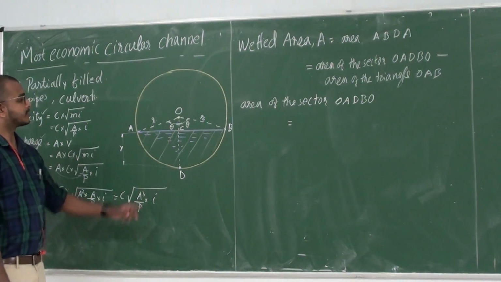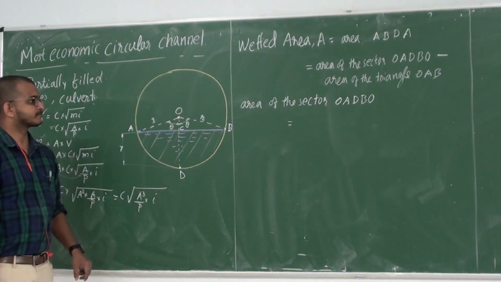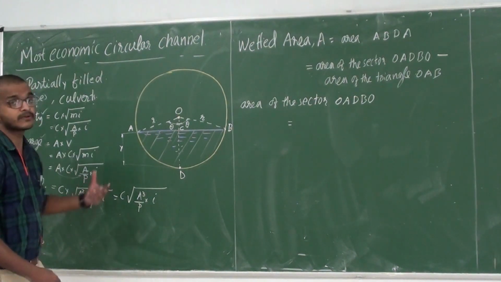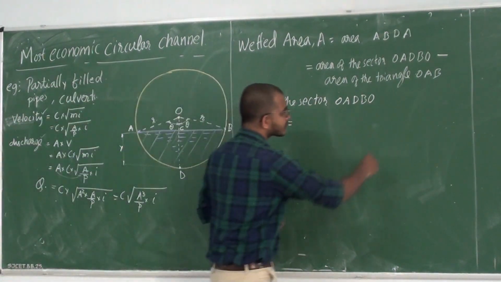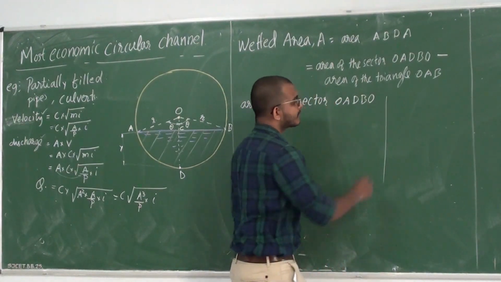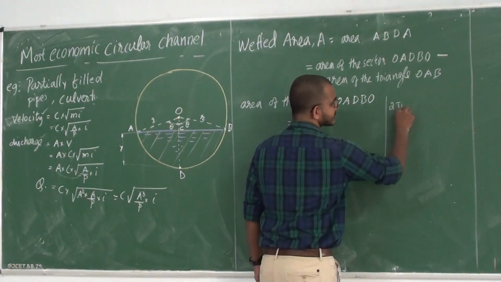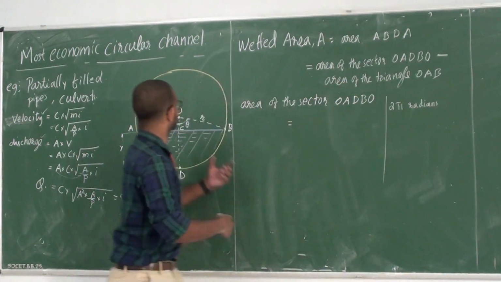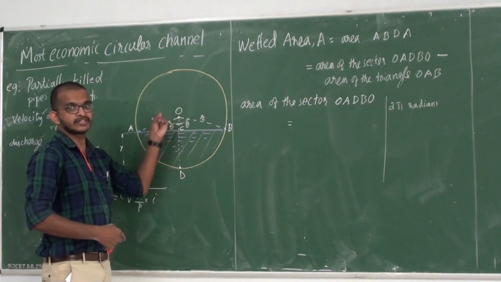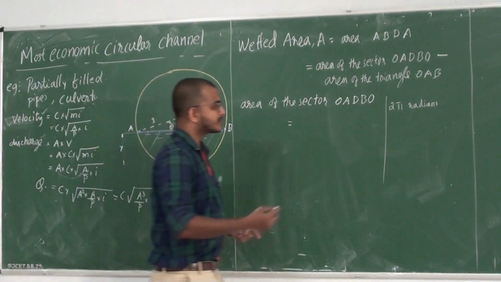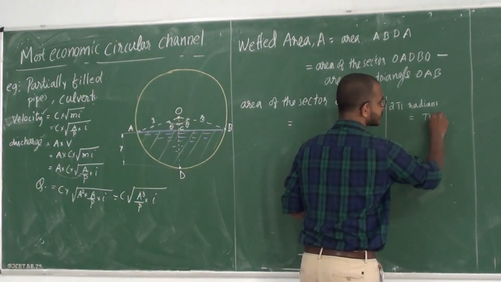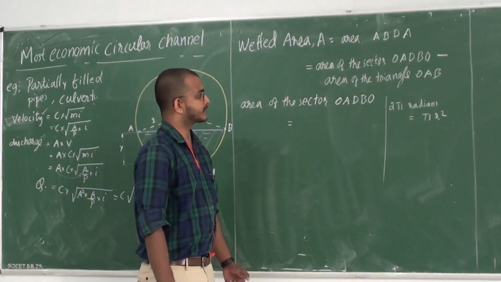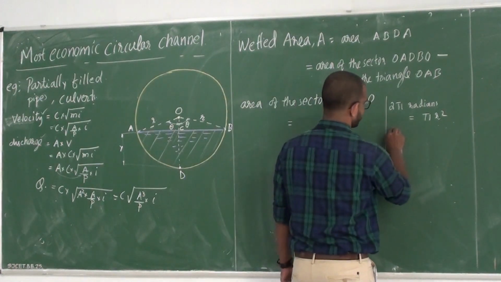We know that the angle of the sector is 2 theta. Now how can we find out the area of the sector? By a simple method. We know that for 2 pi radians, that means if this angle is 360 degrees or 2 pi radians, area is equal to pi r square, the area of the circle.